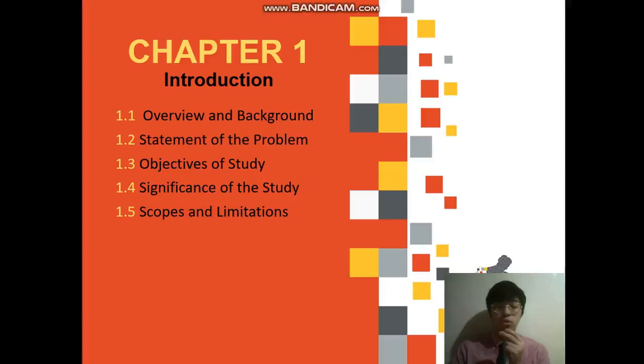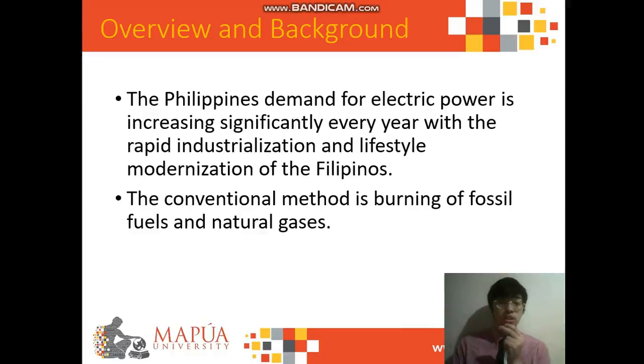So this is the overview and background. In the Philippines, the demand for electric power is increasing significantly every year with the rapid industrialization and lifestyle modernization of the Filipinos. The conventional method for producing electricity is burning of fossil fuels, which are coal and natural gas.